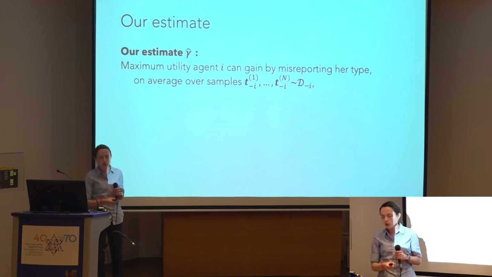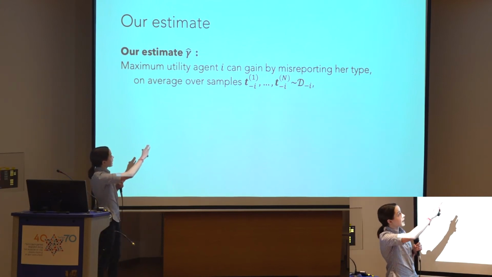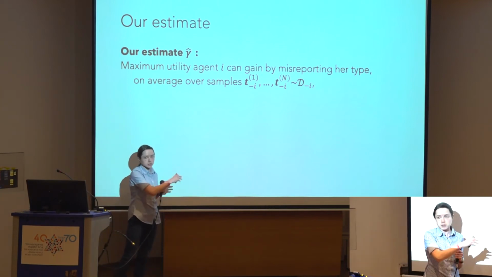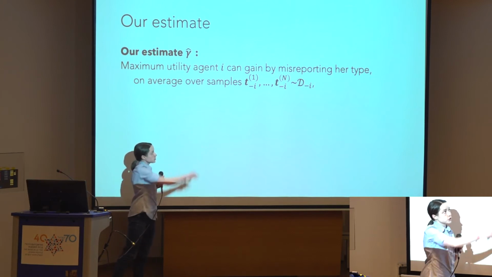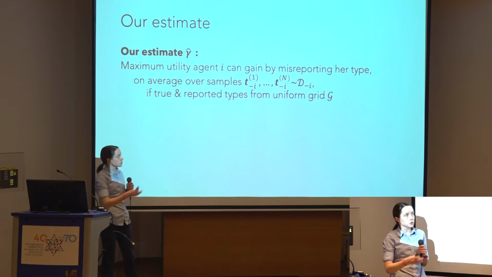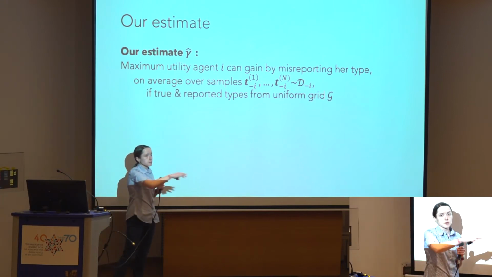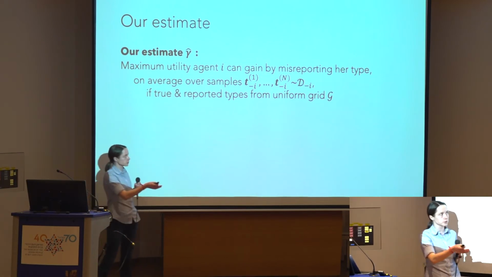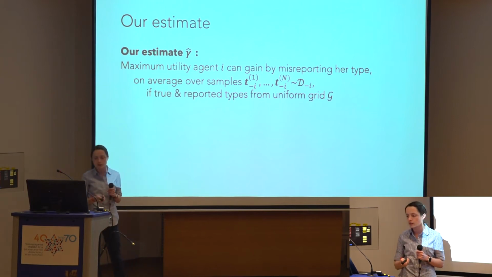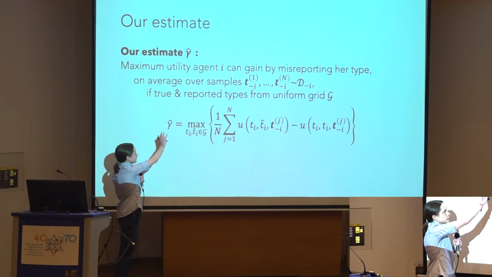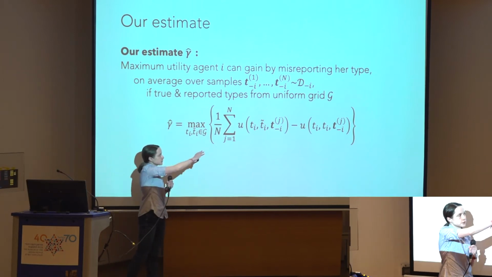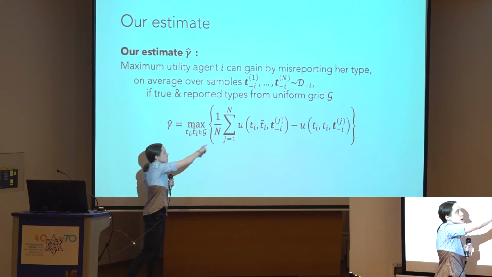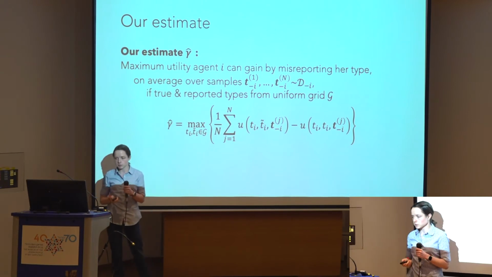So instead, our estimate gamma hat is the maximum utility agent I can gain by misreporting her type, again on average over these n samples, so long as her true and reported types are from the uniform grid G over the type space. Since our type space is bounded, this grid is finite, so there is a finite time procedure. Mathematically, gamma hat is the same as before, but this time we take the maximum over all true types Ti and reported types Ti tilde from this uniform grid over the type space.